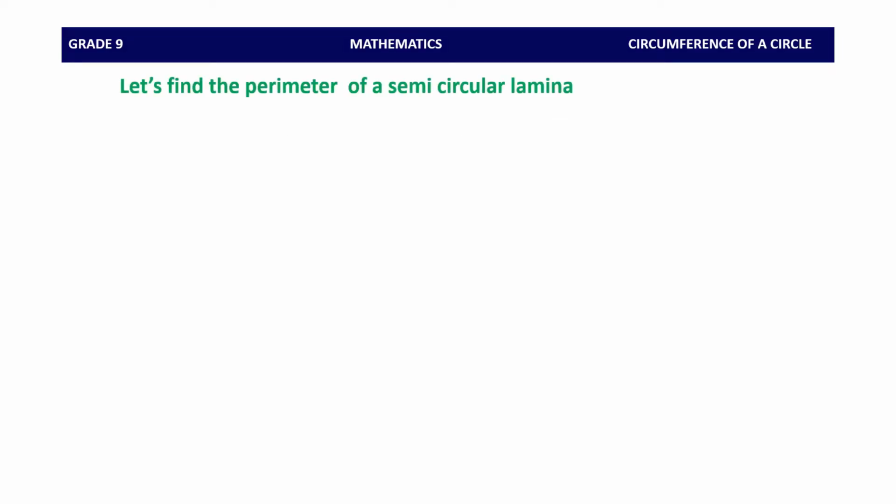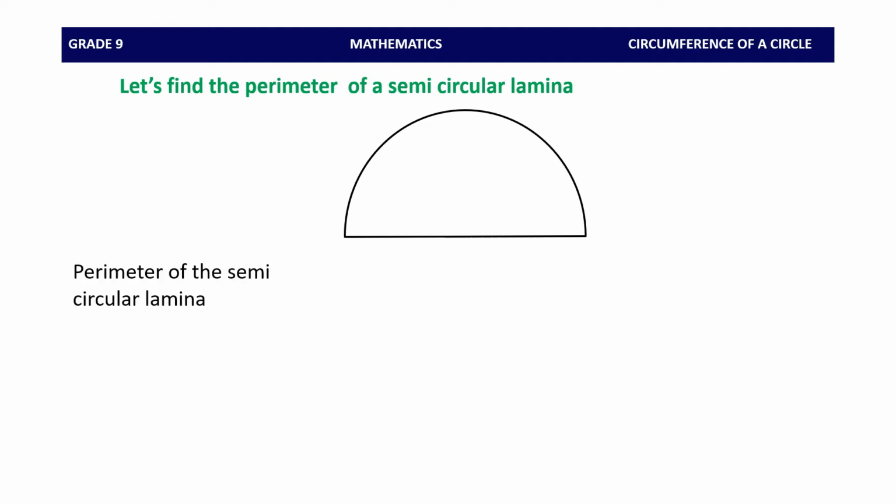Now we are going to find the perimeter of a semicircular lamina. It consists of an arc length of half of a circle and the diameter. So the perimeter of the semicircular lamina is equal to the arc length of the semicircle plus the diameter.